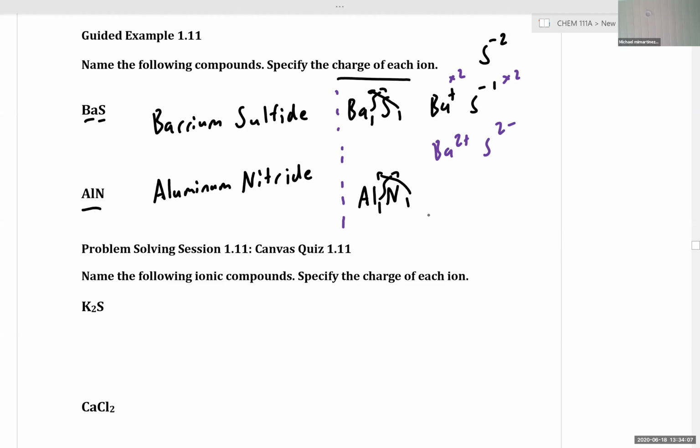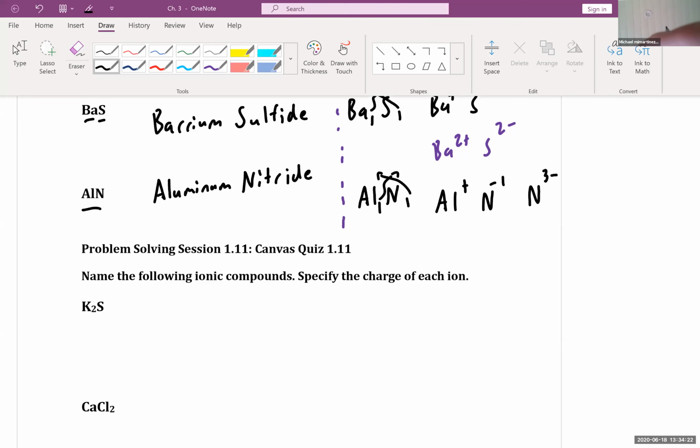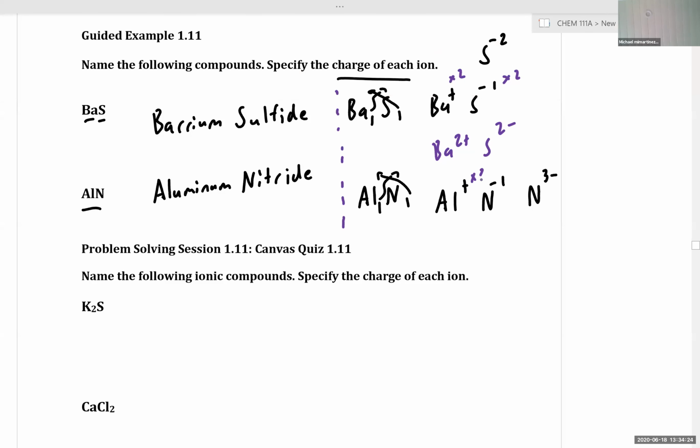We reverse cross our subscripts. That gives us aluminum 1+ and nitrogen 1-. We know nitrogen typically adopts a 3- charge following periodic trends. So we multiply both of our charges by 3. So this is the complete solution to both parts of this problem.